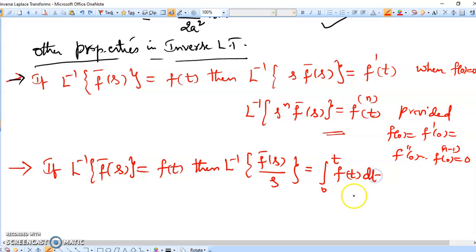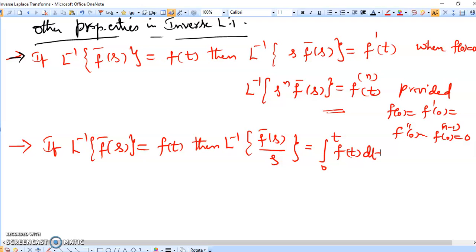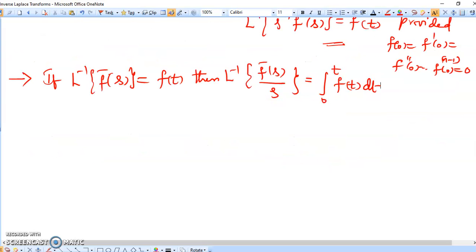So this is the Laplace transform of integrals property that we studied in the Laplace transforms. And coming to the inverse Laplace transforms, this is division by s. The previous property is multiplication by s, and this property is of division by s. So L inverse of f bar of s by s is integral 0 to t f of t dt.